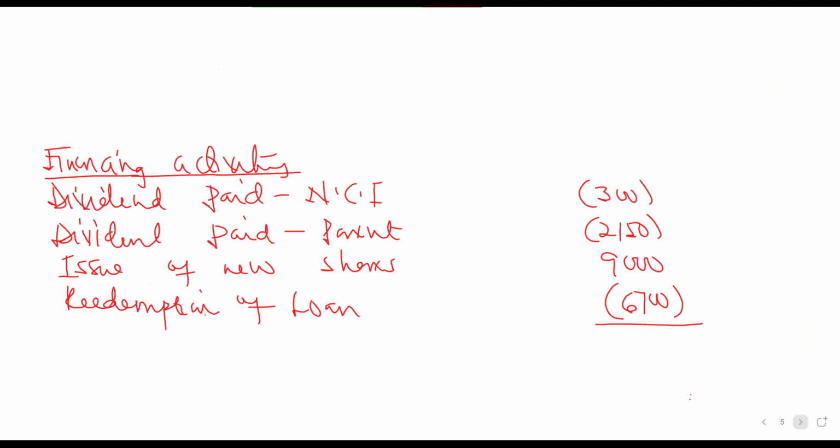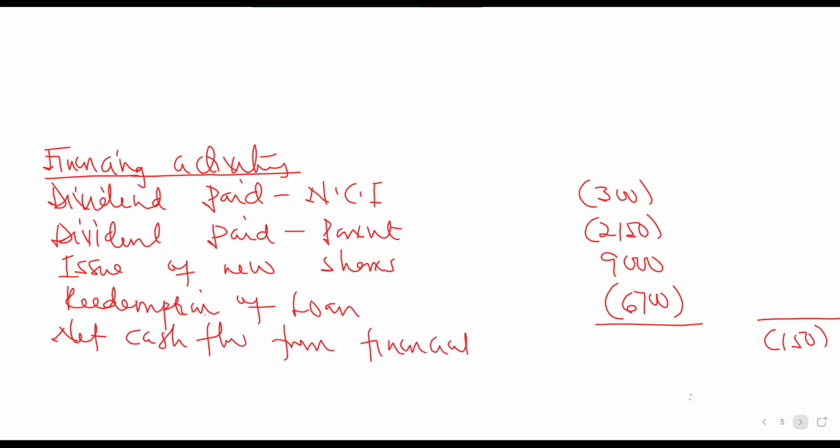What will be our figure for the financing activities? So 6,700 plus 2,150 plus 300 minus 9,000. Okay, so I'm having negative 150 as the net cash flow from financing activities.